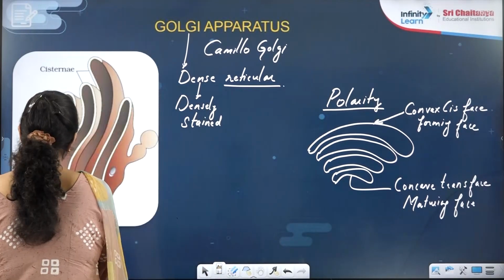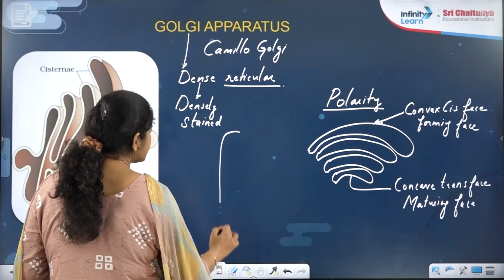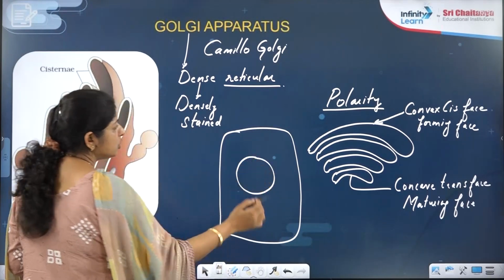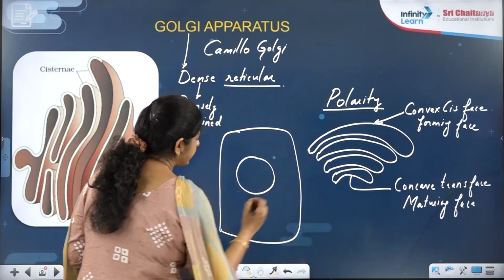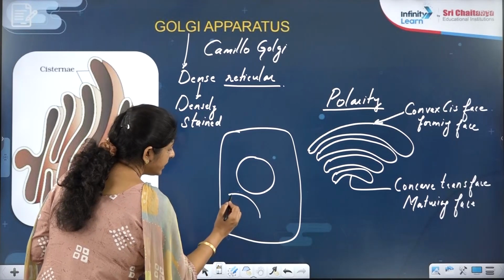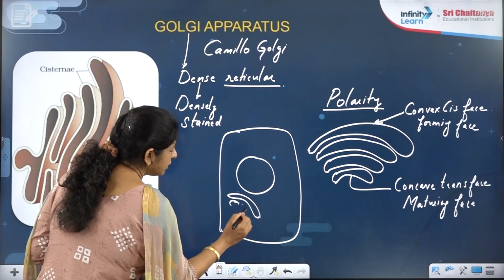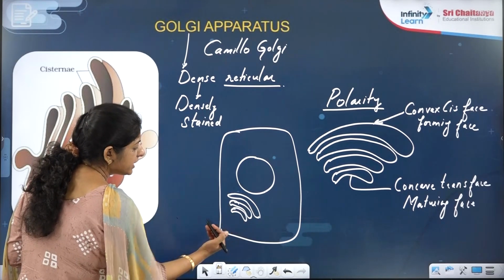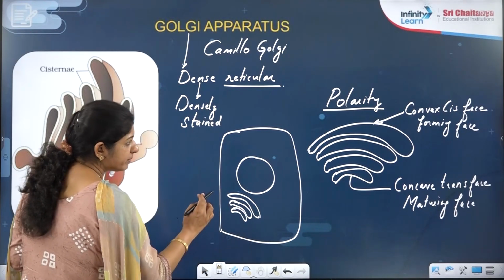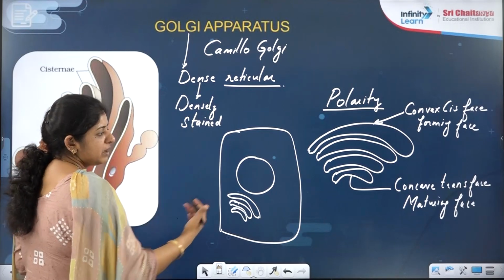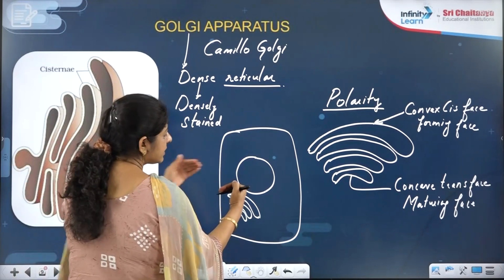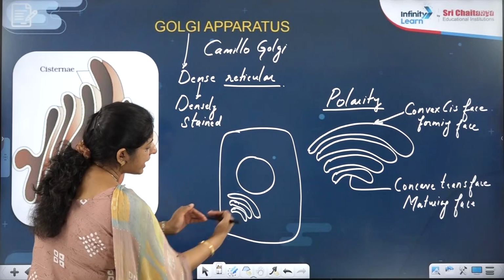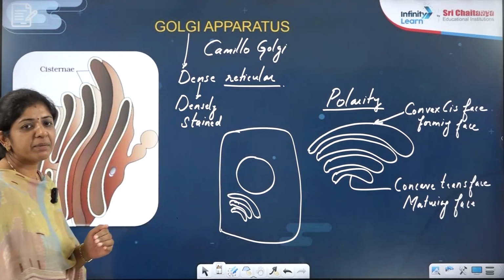If I take the nucleus here of a cell, you will find this convex side is facing towards the nucleus, whereas the concave side is facing towards the plasma membrane. This is polarity. I repeat once again, the convex side is facing towards the nucleus and the concave side is facing towards the plasma membrane.